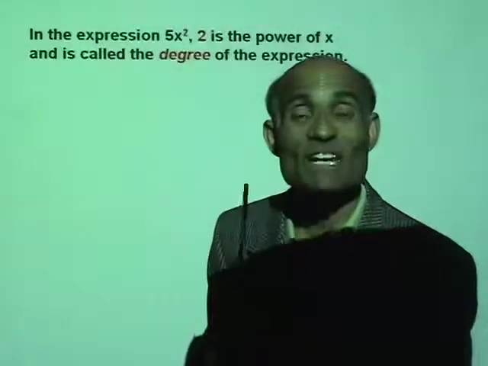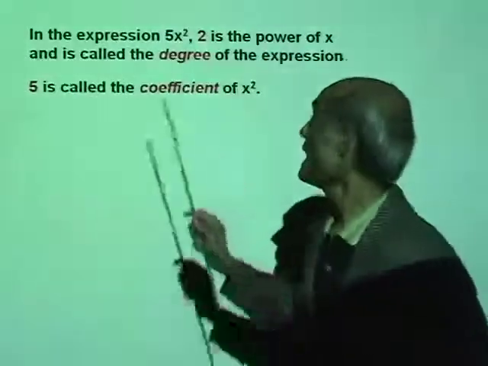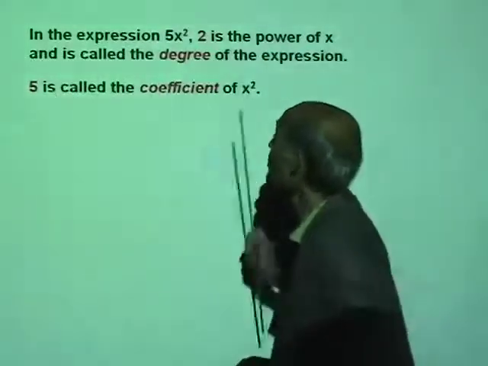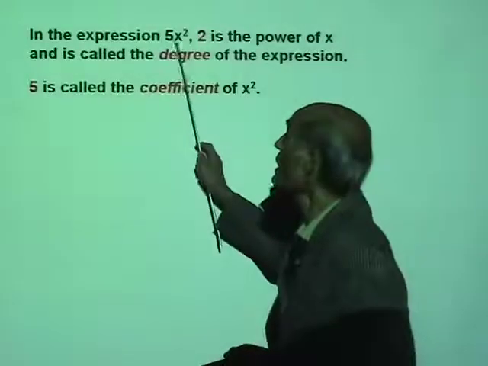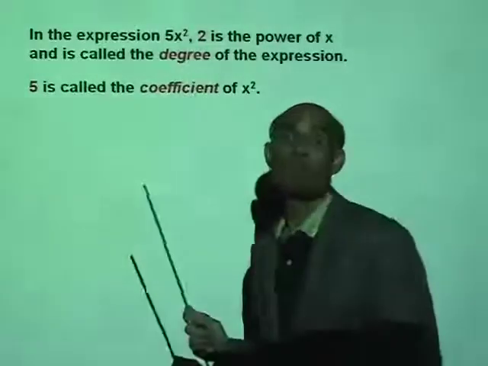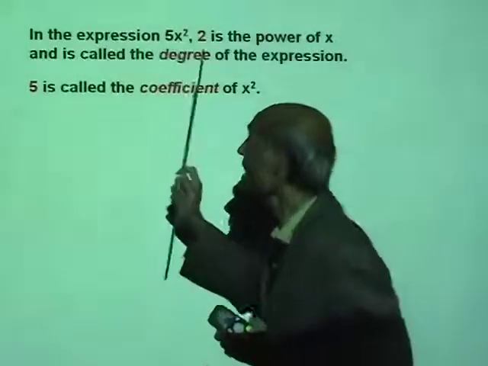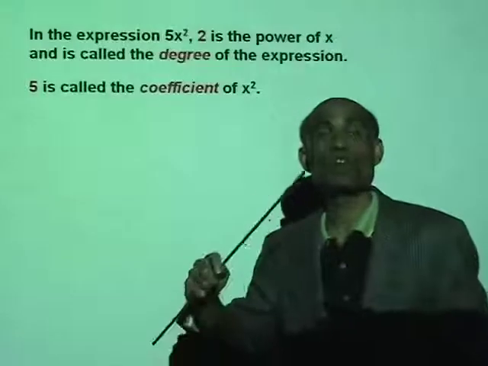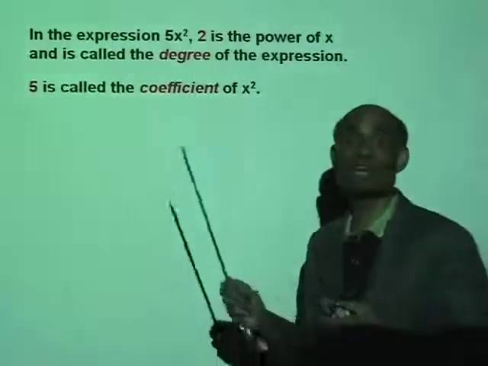Every algebraic expression has a degree. And 5 is called the coefficient of x squared. You see, x squared is the variable term, and the number that comes with it is called the coefficient. So what are the two new terms that we learned?